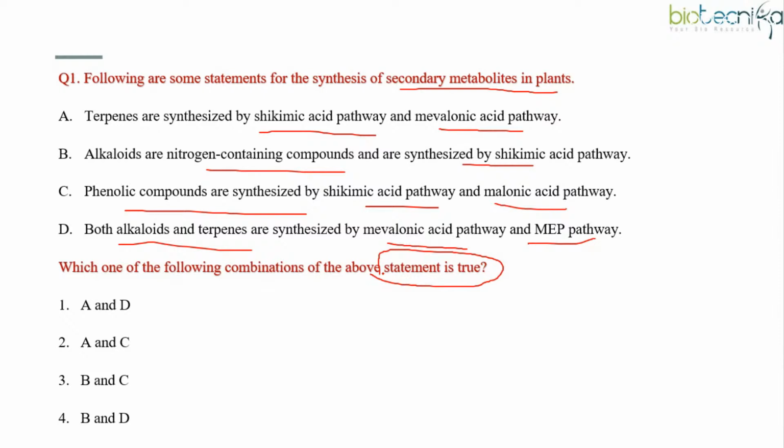So, as I was discussing in my last class, this is also one of the important topics from the CSIR NET point of view, that is secondary metabolites. Every time you get questions, either in the form of statements like this, which is there in front of you, or you can expect in the form of match the following.